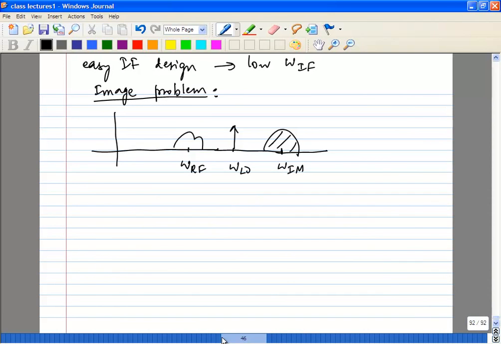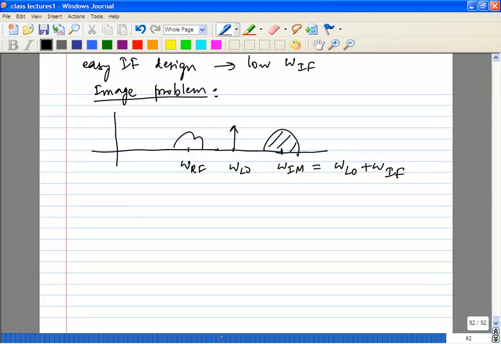Okay, so omega RF, and let's look at a signal which is omega IM, which is omega LO plus omega IF. So what happens? You're actually convolving it again.